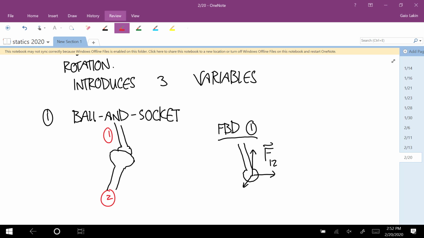But now let's think about the rotations. Okay, so let's just arbitrarily say the x-axis is this way. Can I rotate the top around an axis that way? Yeah, so that would be this. Okay, and let's say that the y-axis is this way. Can I rotate this around the y-axis?